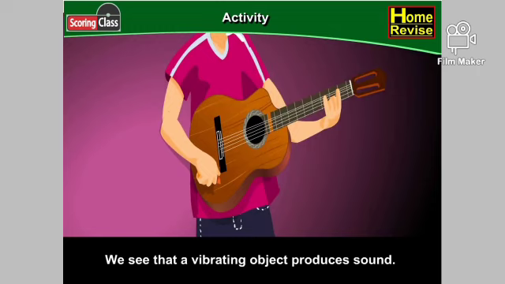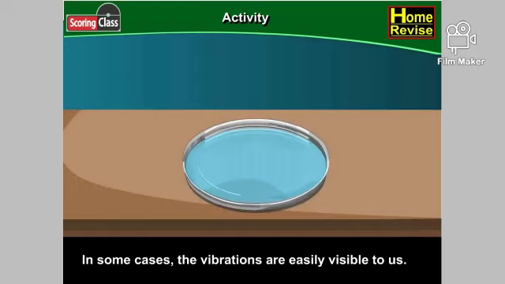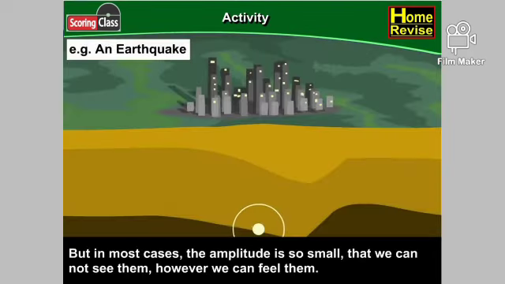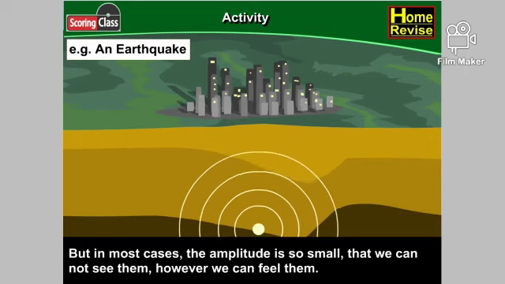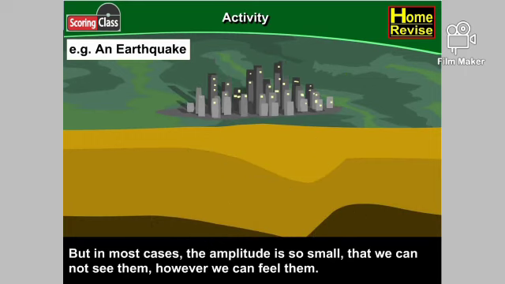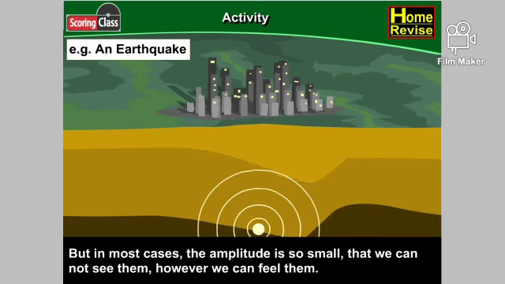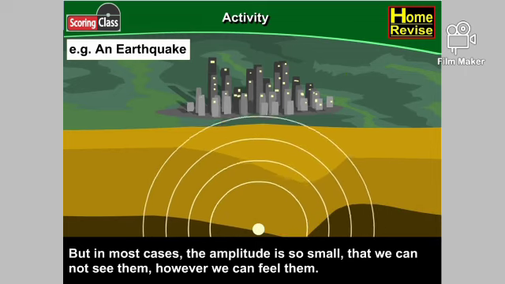We see that a vibrating object produces sound. In some cases, the vibrations are easily visible to us. But in most cases, their amplitude is so small that we cannot see them. However, we can feel them.